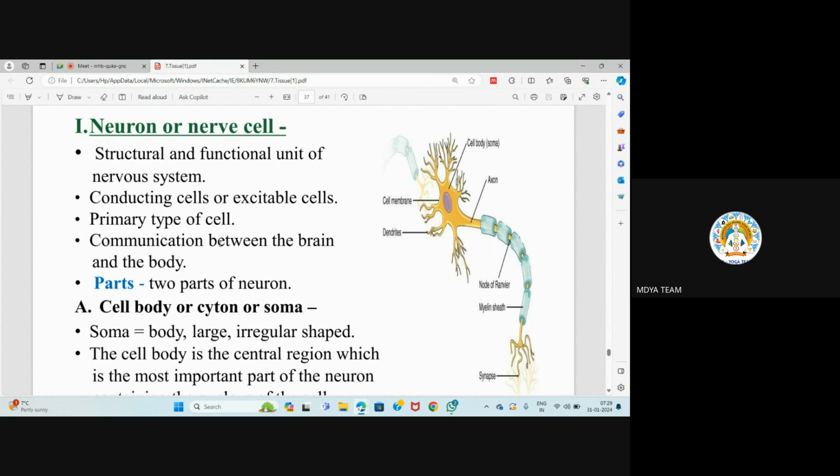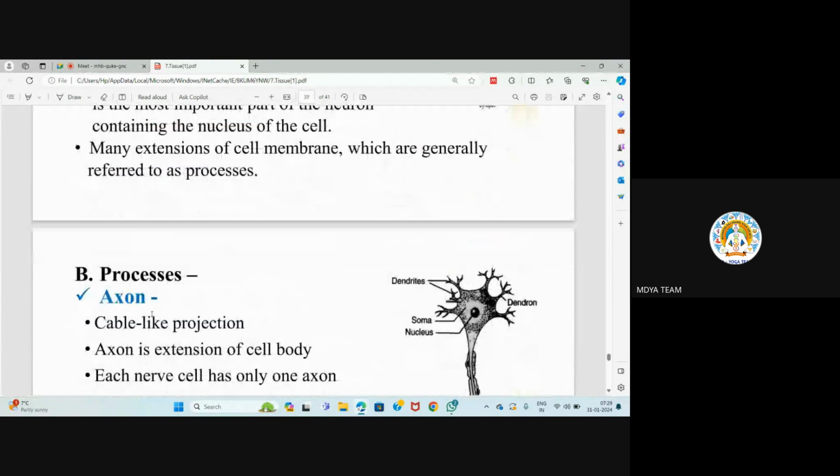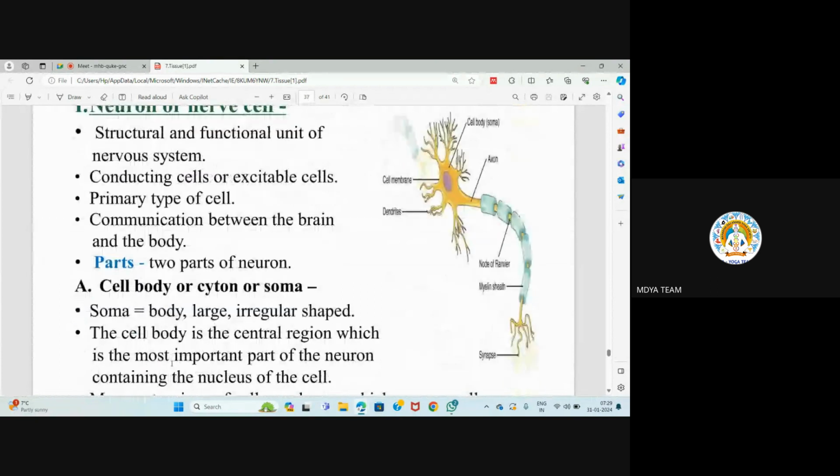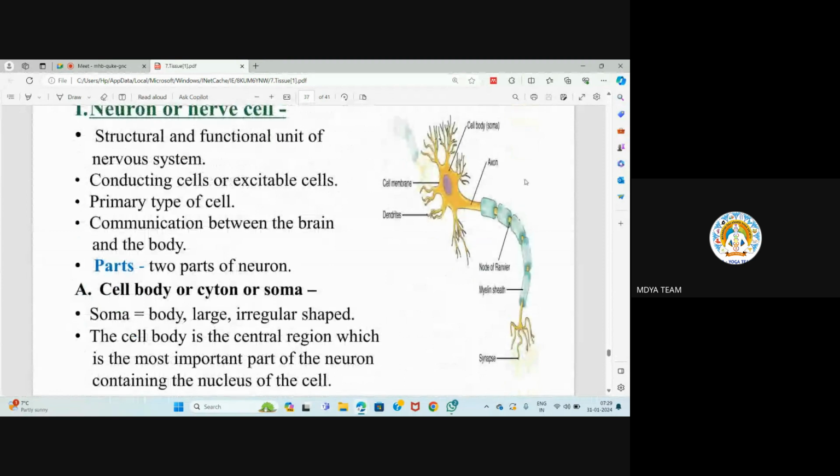Now, neurons have two parts, the cell body or cyton or soma, and the axon part. Here you can see the axon part. In this picture, you can see clearly that this is the cell body, the yellow colored cell body, and it is branched like a tree.